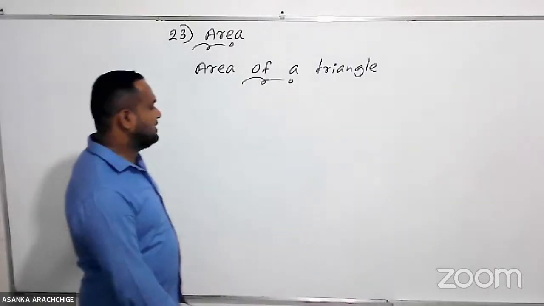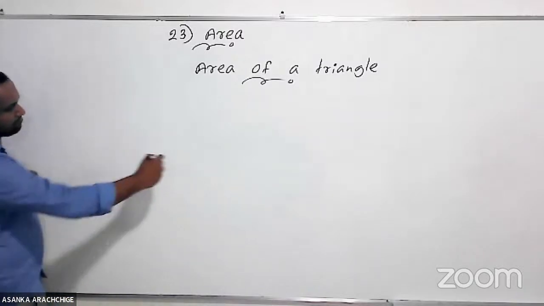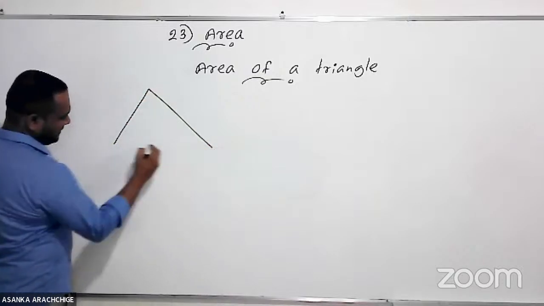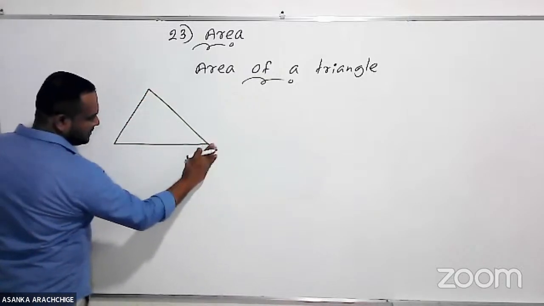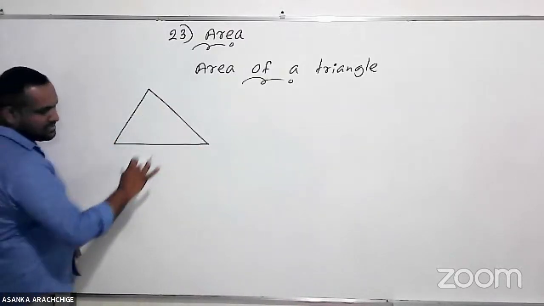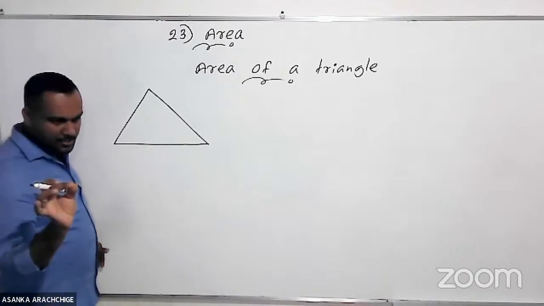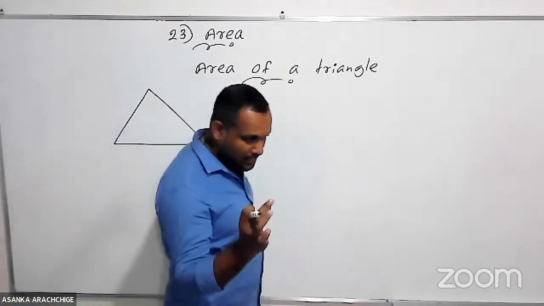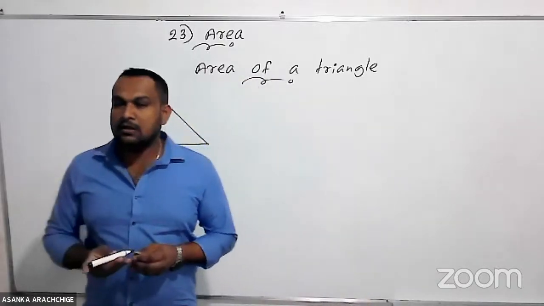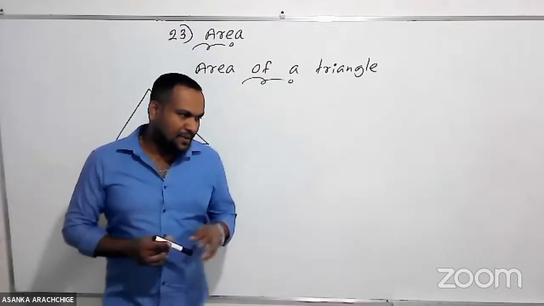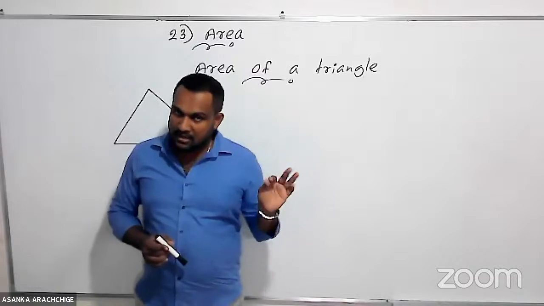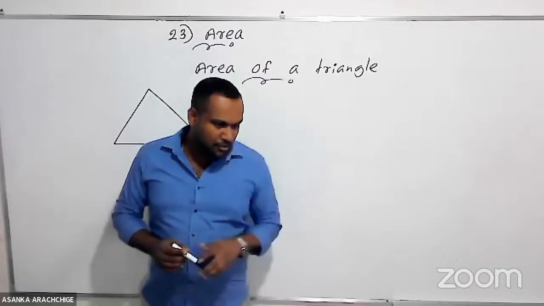Now let me explain that method. If we consider a triangle like this, look, this is a triangle. There are three sides. To find the area of a triangle, we must know the length of one of its sides. අපි triangle එකේ area හොයනකොට එයාගේ sides තුනෙන් එක side එක length එක දැනගන්න ඕන.